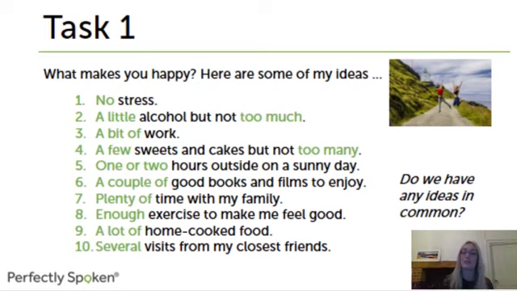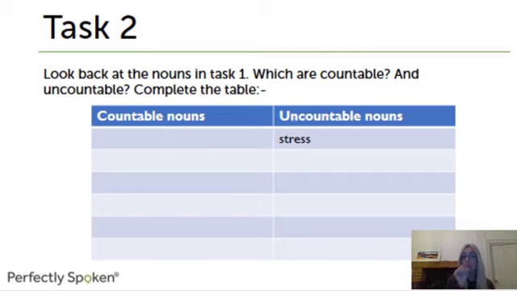Okay, they're very common. And because there's this division between countable and uncountable nouns, there are certain things we just have to learn how to use them. So let's have a look at the nouns in task 1, which are countable, so which can you count, and which are uncountable nouns.